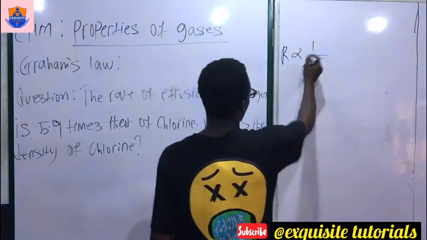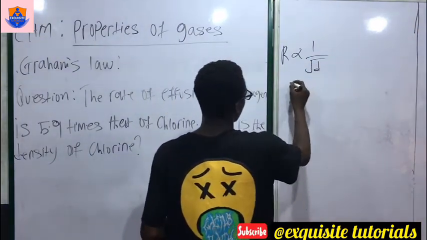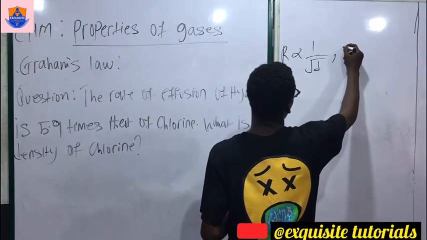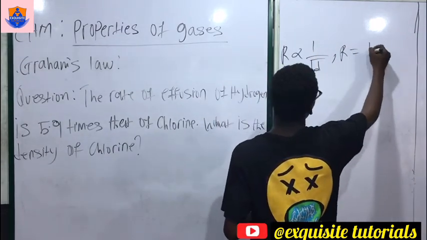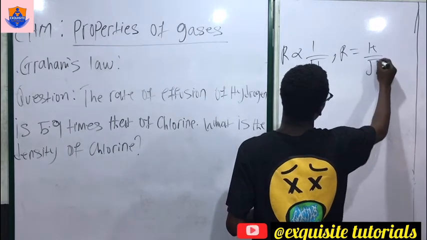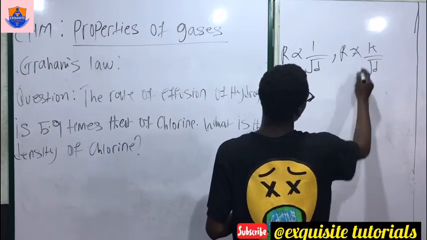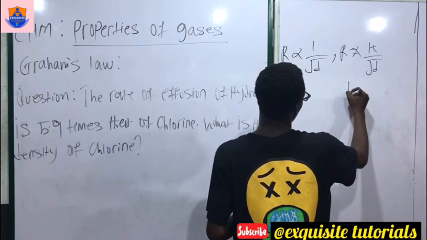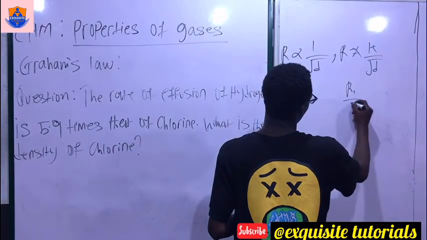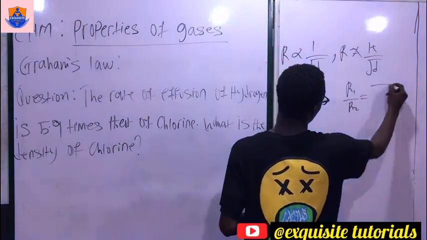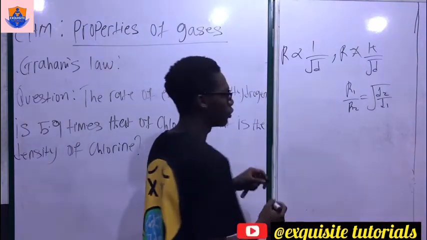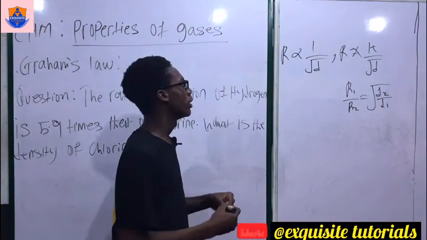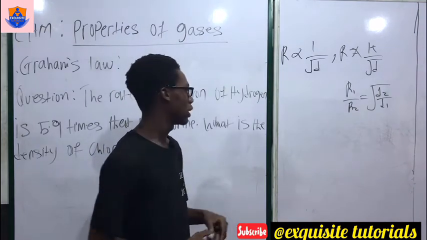Now we have here, let's make an equation: R will be equal to K over root of density. So we have that R1 over R2 will be equal to root D2 over D1. Now this is the formula for Graham's law on that rate.